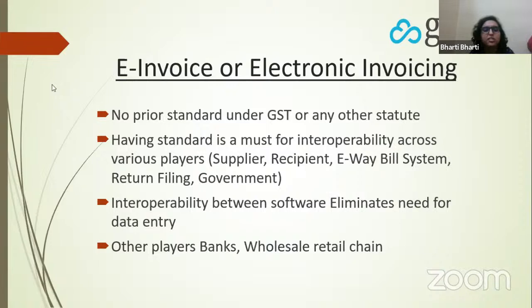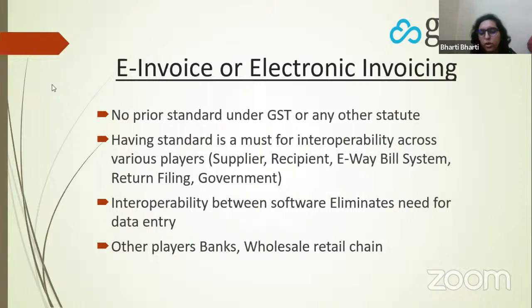If the GST portal allowed people to upload soft copies, everybody would upload with a different format. So what GST has done is provide a single format for each taxpayer to upload the information. For e-invoicing, the data uploaded across all taxpayers is exactly the same.